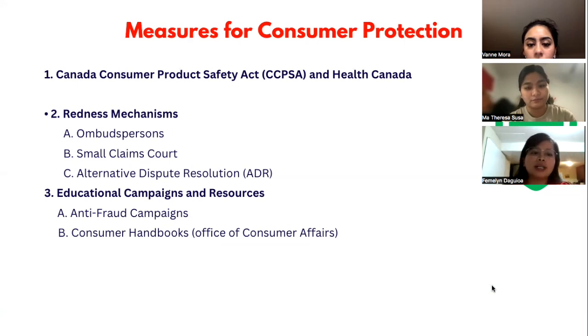Third is alternative dispute resolution, or ADR, a way to solve disagreements without going to court. Methods include mediation and arbitration. What is mediation? A mediator helps two sides to talk and find a solution to their problem.